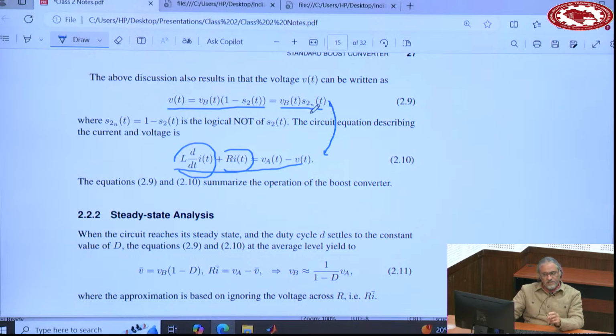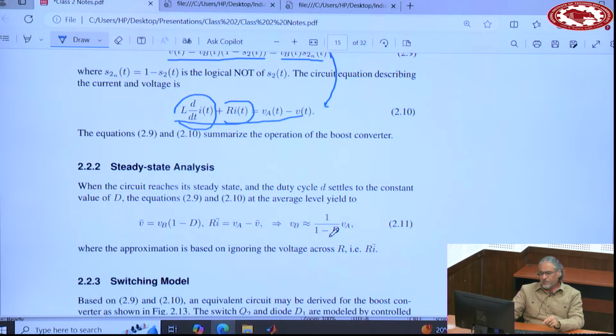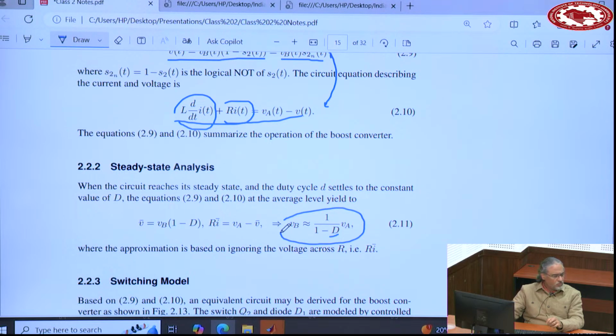S2N is 1 minus D. And then I put capital D because it's in a steady state operation. This is not very important, but sometimes it's useful to have that information. So for the boost converter, VB is equal to 1 over (1 minus D) times VA. That clearly shows or confirms that the output voltage VB is larger than the input voltage VA.